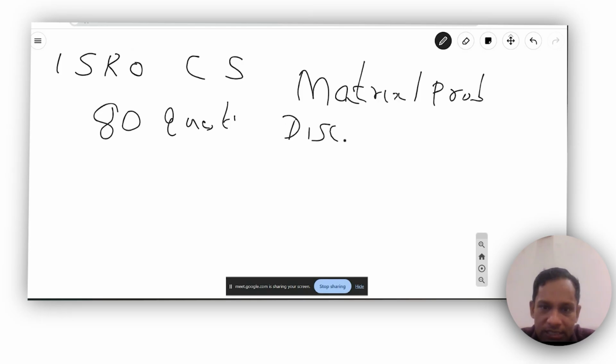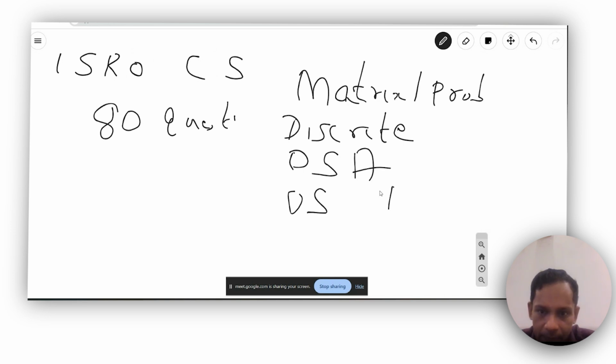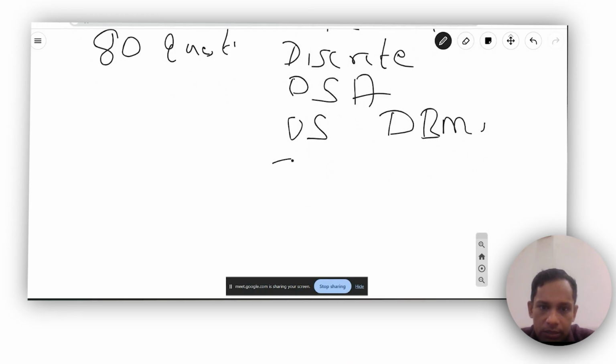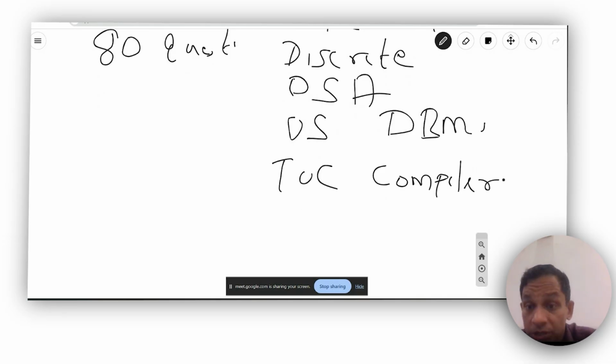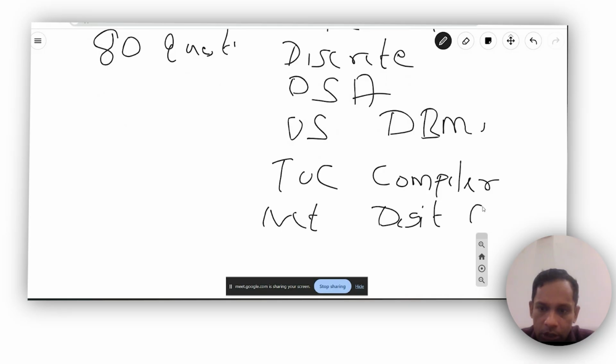Then you have questions from discrete structures, which includes graph theory also, data structures and algorithms, operating systems, DBMS, theory of computation, sometimes called formal language studies, which varies from university to university, compiler design, networks, digital, computer organization and architecture, and at times software engineering also.